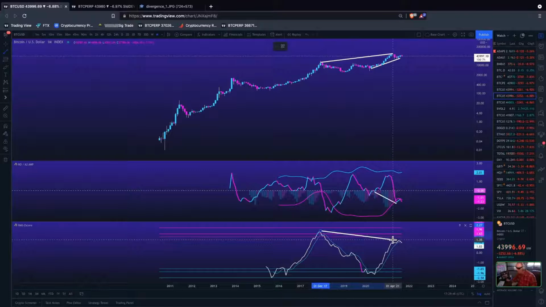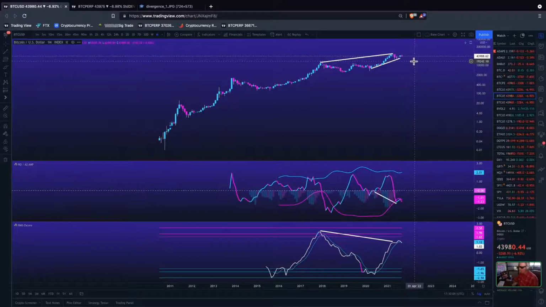Bam. And so you see there's a higher low on the Z-score. But let's see, yeah, actually a little bit of hidden bear. That's what you're seeing on the monthly right now.